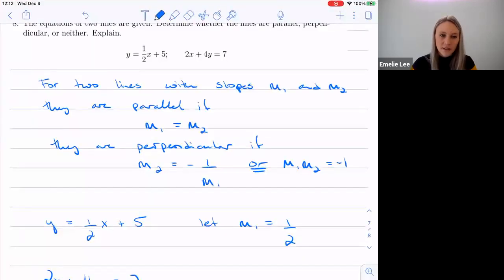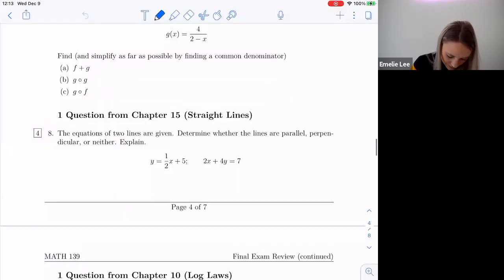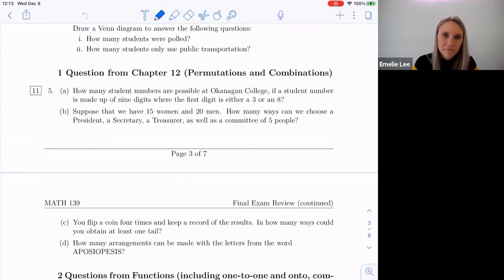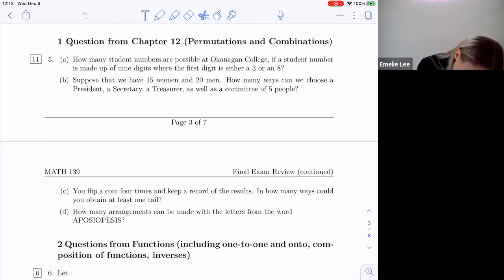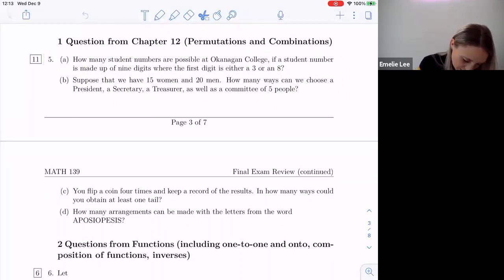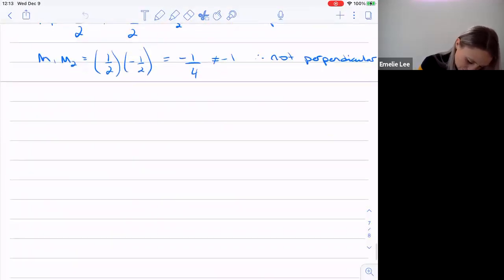Question 5 then. Question 5, combinatorics, our favorite thing. No. I'll split it up because it's split across the page here.